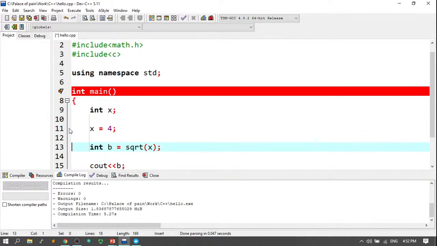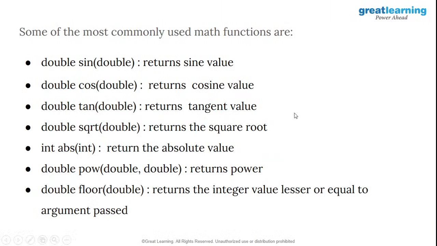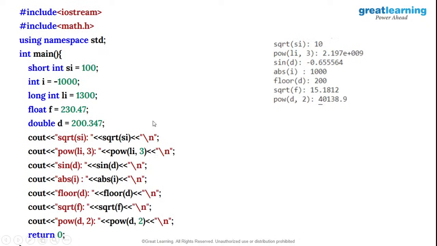You will basically write pow x comma 2, right? So that's 4 raised to 2. Okay, cool. So you guys can pause this and try to resolve this. Check out the values, whatever values they have, and try to find the answer, or you can copy the code and try to run it for yourself.